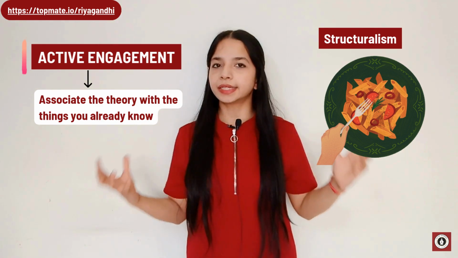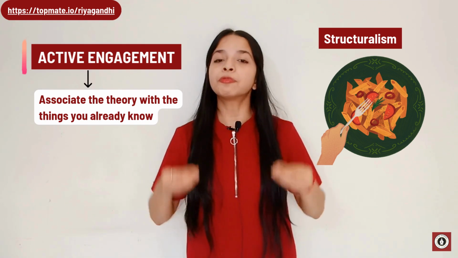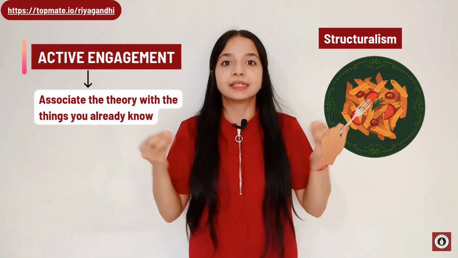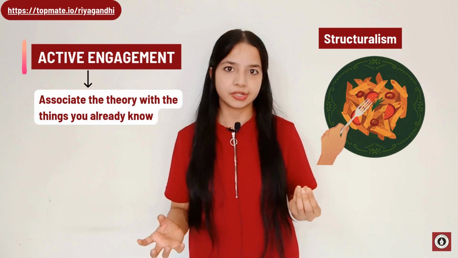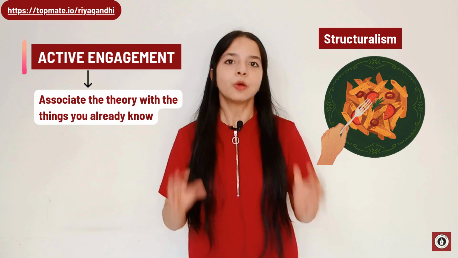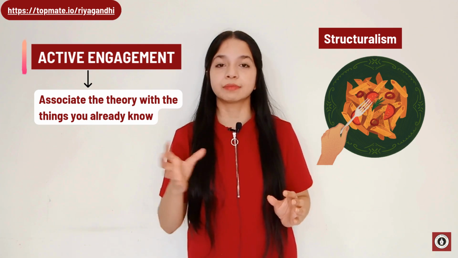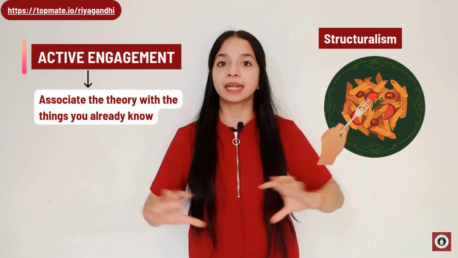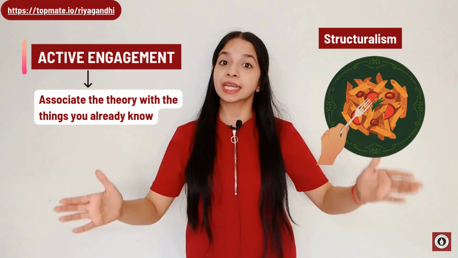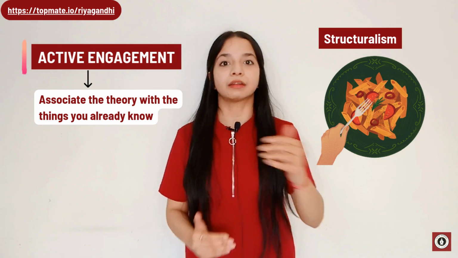And once the entire dish is made, the full flavor is dependent on each and every ingredient with each other, right? Similarly, when you talk about structuralism in literature, there are certain underlying set patterns that are present in every story, like the recipe.